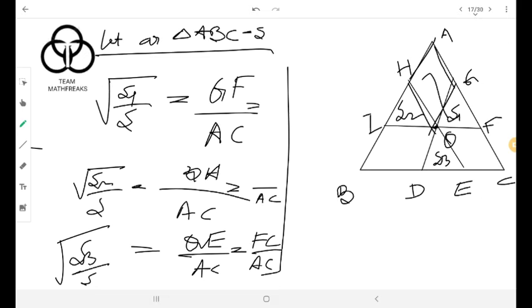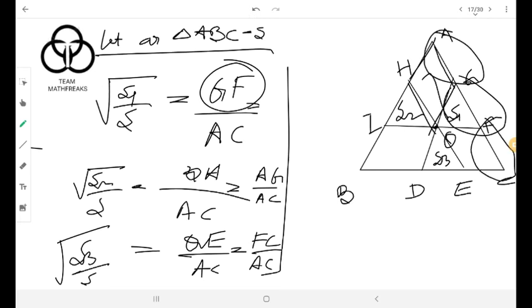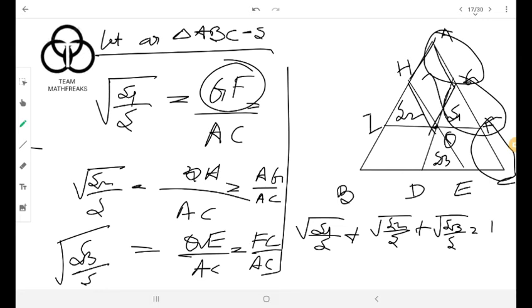QH is AG. Now if we just add them, we have GF plus AG plus FC, which will give us AC. So if we just add them, root of S1 over S plus root of S2 over S plus root of S3 over S equals 1, AC over AC. Is it clear?